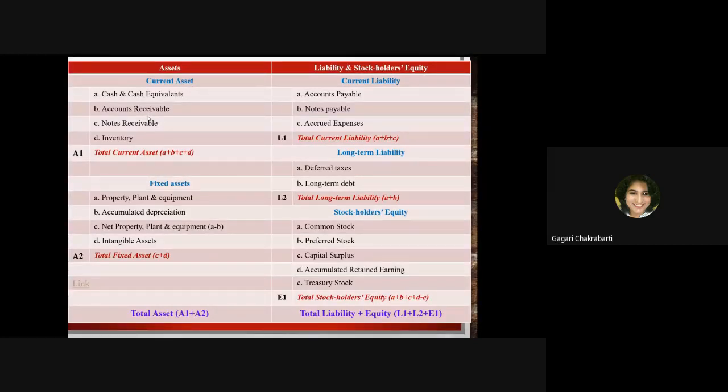Then the accounts receivable. On the asset side, you will show all those entries for which you will be receiving something. So that is your receipt side, in a very simple way. Suppose you have given something on credit and against it the invoice has already been generated. That is also the case for exporters and importers.